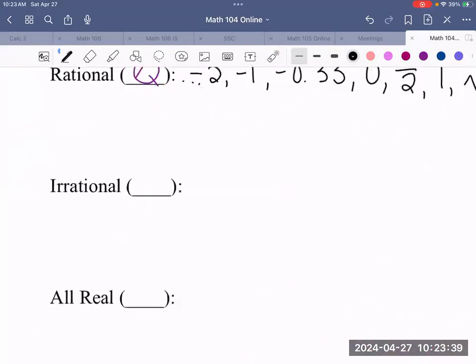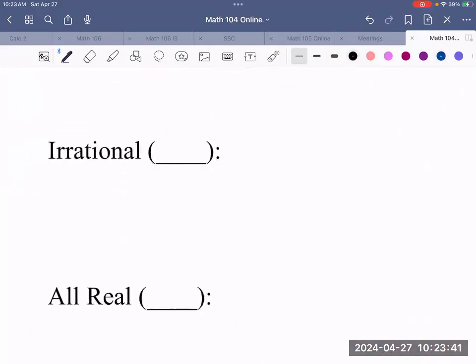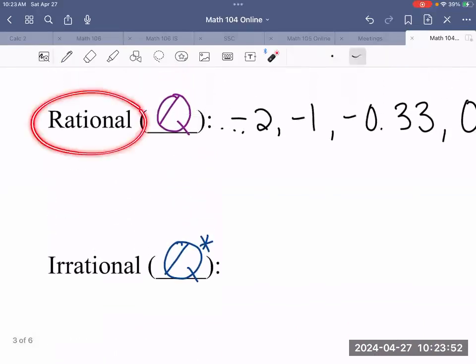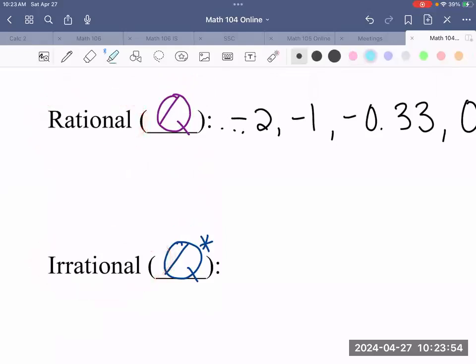We can also have irrational numbers. Irrational is another Q with a bar in it, but now it's a star. Now, take a look at the word rational and irrational. The irrational portion of it, right, is the negation of a rational number.